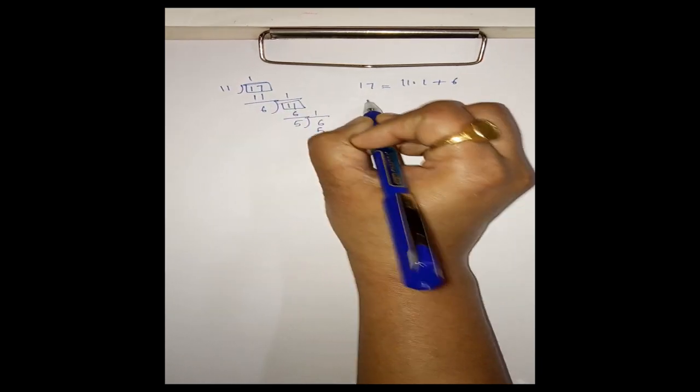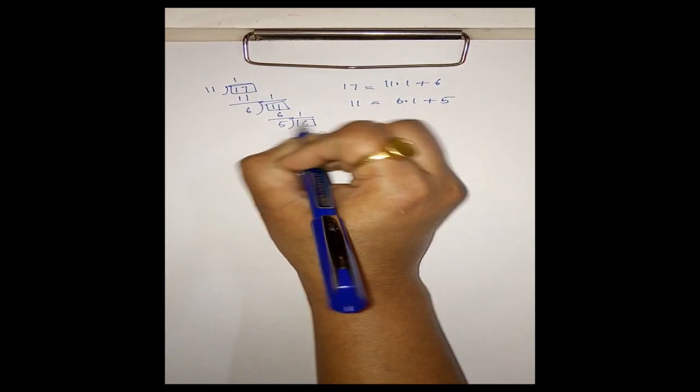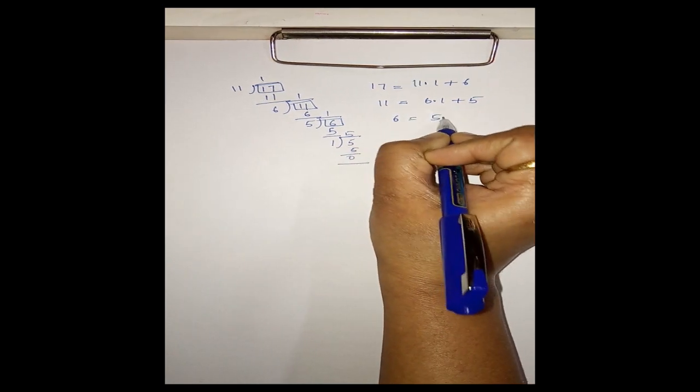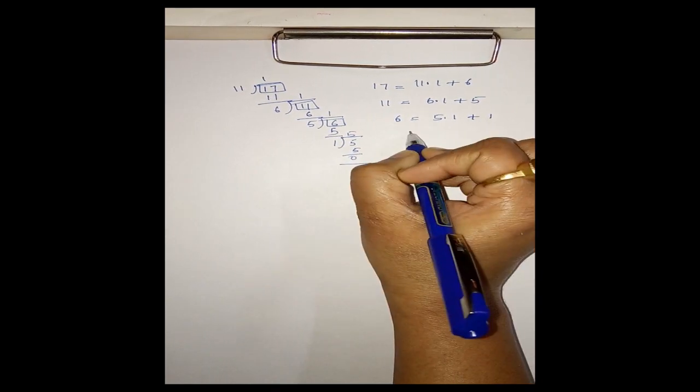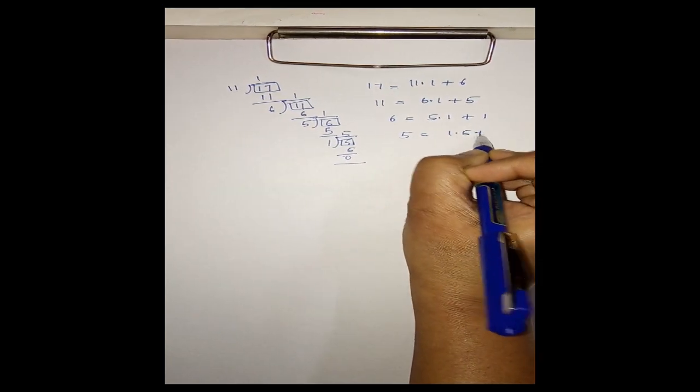Then 11 is 6 into 1 plus 5. Then 6 is 5 into 1 plus 1. Then 5 is 1 into 5 plus 0.